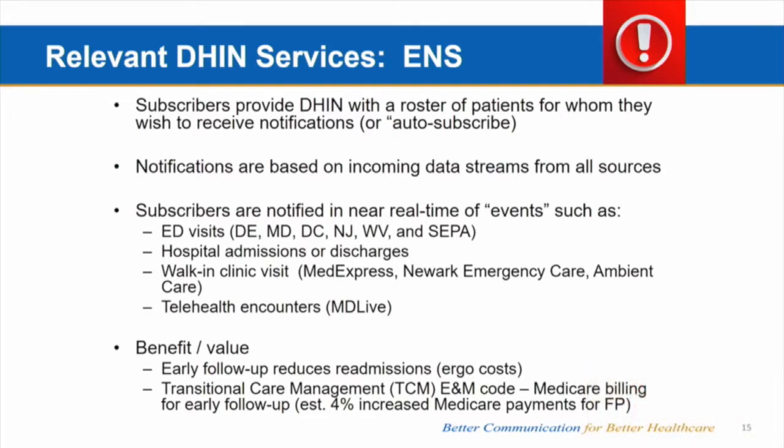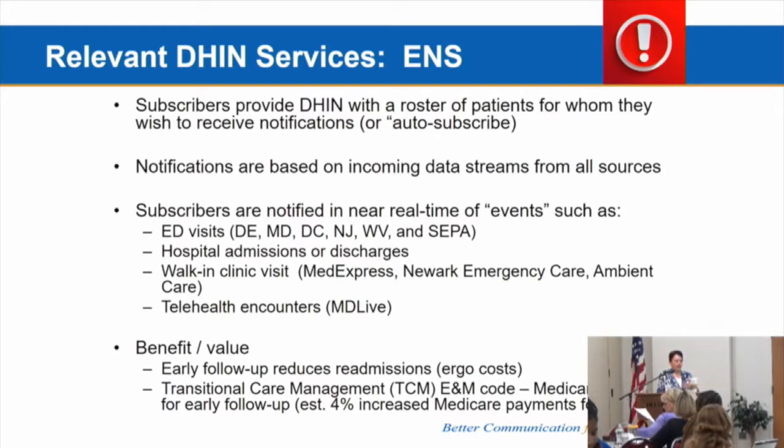So we already heard about event notification. That was that notification service that let Carl know that Flo had been in the hospital, right? So subscribers to this service provide DHIN with a roster of patients for whom they wish to receive notifications. Now, if you've got risk stratification tools already, and you can pull out that roster of patients at highest risk, and you say, I definitely want to be notified about any event on these patients, you provide us with that panel, and then we can move accordingly.